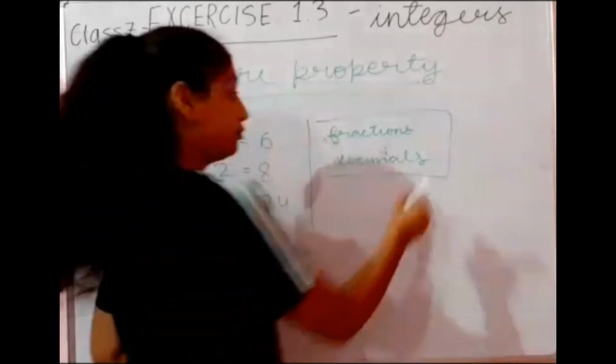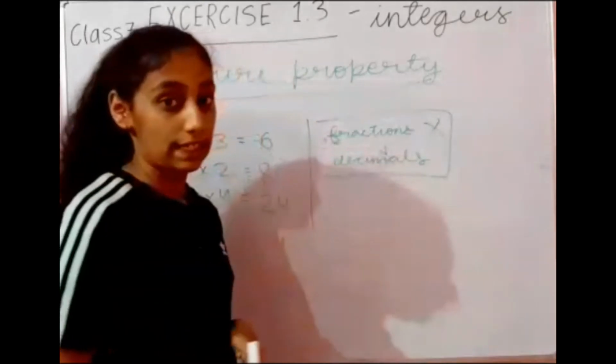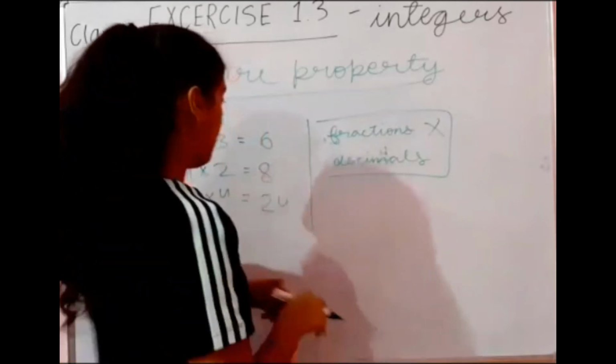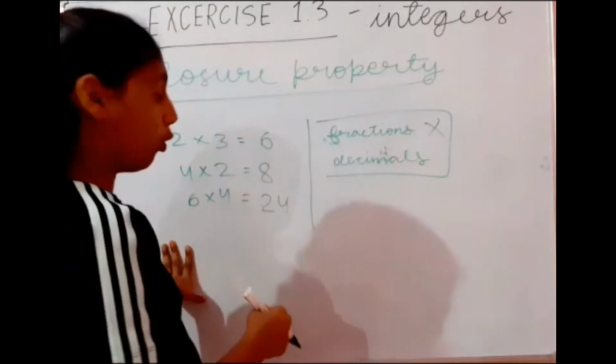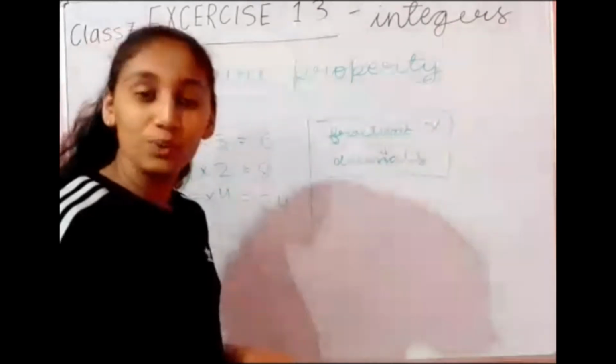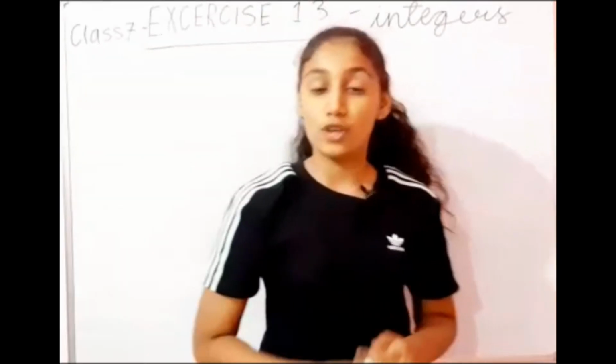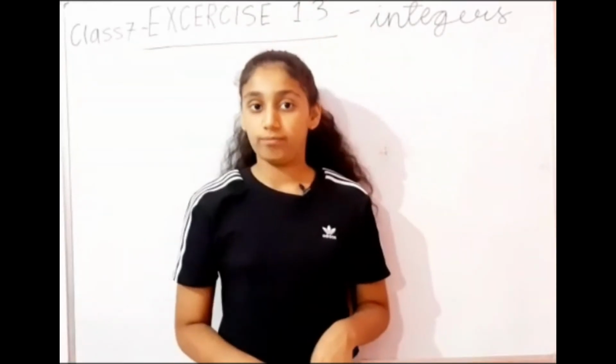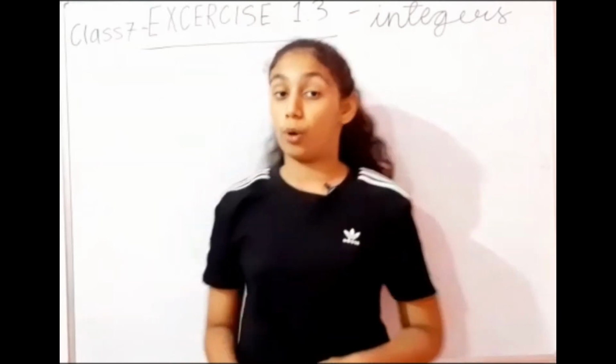These are not integers. And if we are multiplying two integers, our answer will come as an integer, right? So now coming to the next property, that is the commutative property.